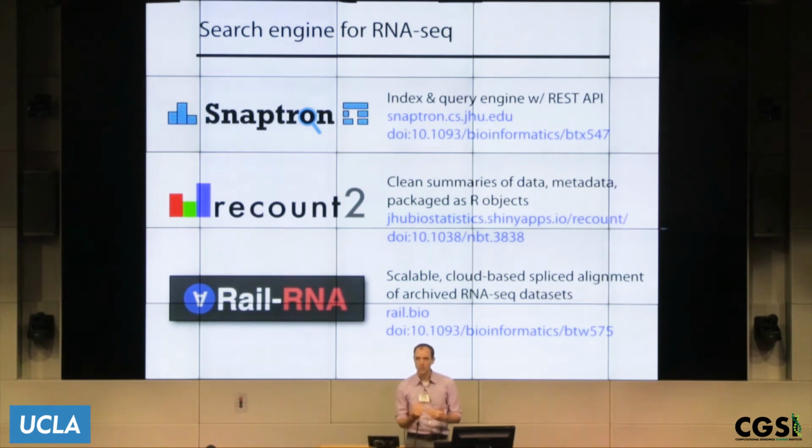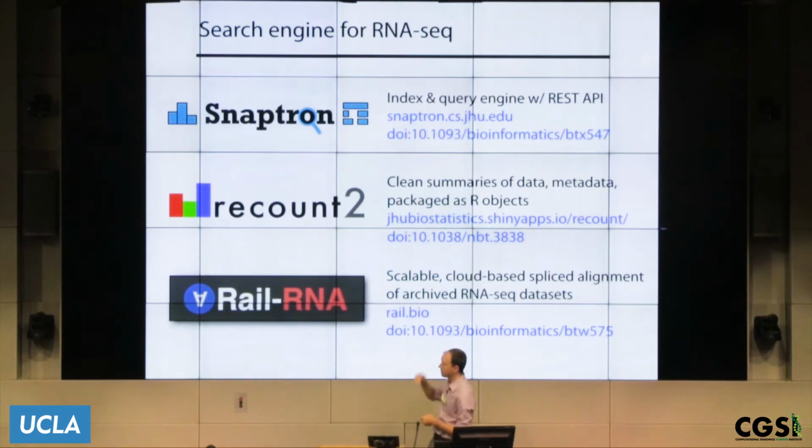I'm going to talk about basically three different layers of summarization and ways that you can take advantage of them. And I'm going to show examples where you can take advantage of data at each of these three levels. These are three different projects that came from my lab and from collaborators at Johns Hopkins, including especially Jeff Leek and his lab, but also others like Andrew Jaffe and Kasper Hansen.